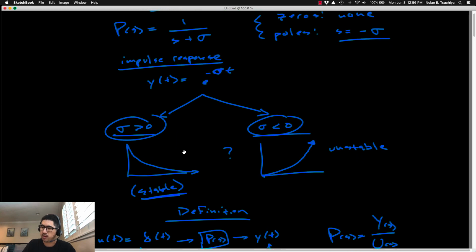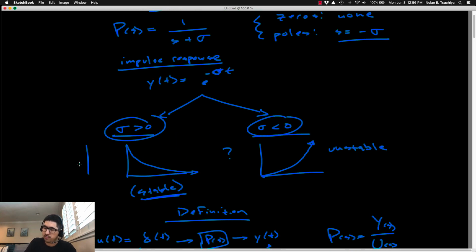So the pole location that goes along with this picture is, on the s-plane, this real pole at s equals minus sigma, somewhere over here on the negative real axis. Whereas in the opposite case, when sigma itself is less than 0, the pole is at negative sigma. So the pole associated with this unstable response is over here on the positive real axis.